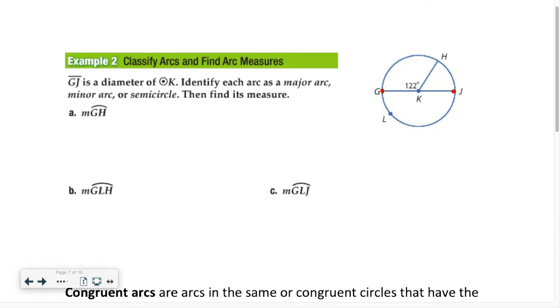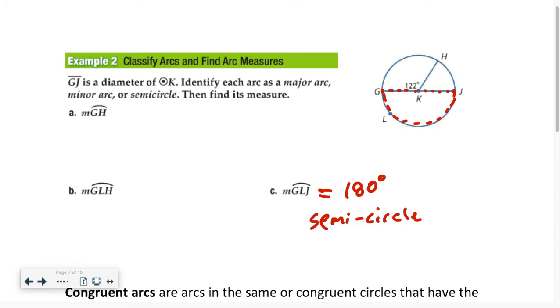Okay, so that means this arc here, just highlight this arc GLJ, which is one of them we're trying to find. Okay, well, if GJ is a diameter, then the measure would be equal to 180, which would make it a semicircle. Okay.